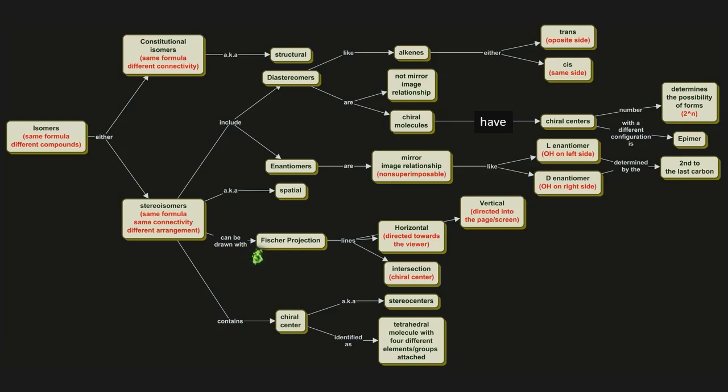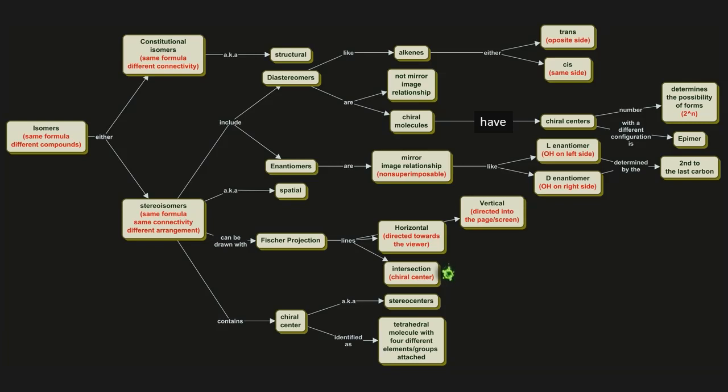The Fischer projection was developed by Emil Fischer. Emil Fischer originally used this type of presentation to show the molecules of amino acids and carbohydrates. So what are the different lines that construct a Fischer projection? We have the lines that intersect each other, the intersection line.